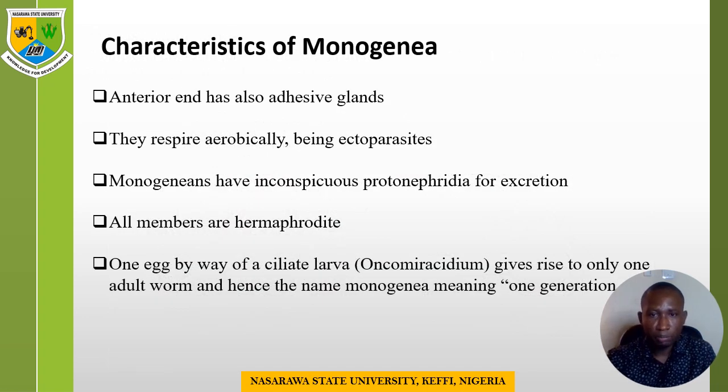A characteristic of Monogenea is an anterior adhesive gland. This is a typical characteristic we could see in this class. They have adhesive glands at the head region, the anterior region of the organism.